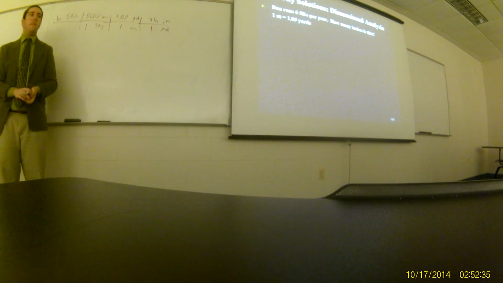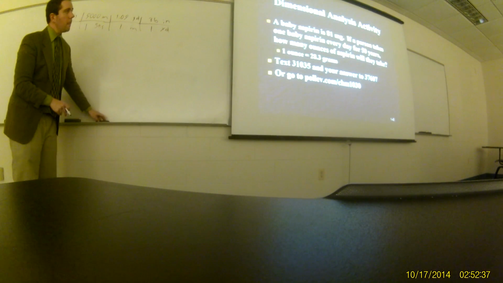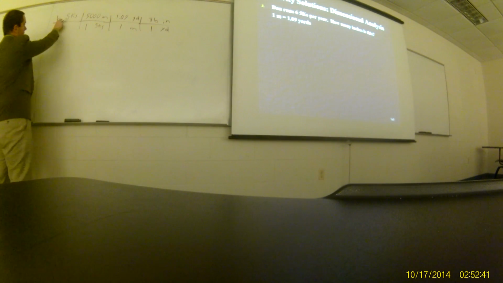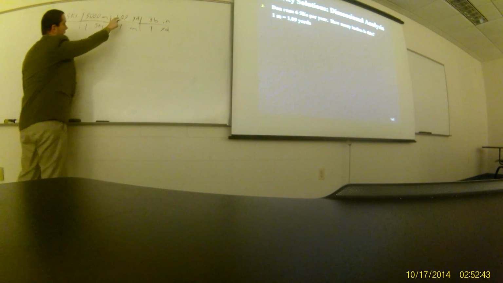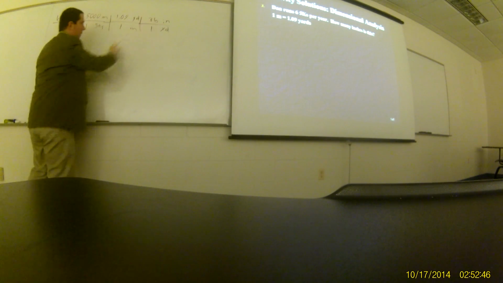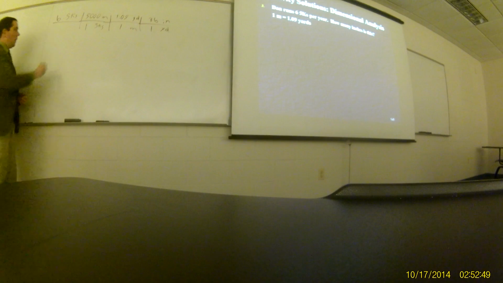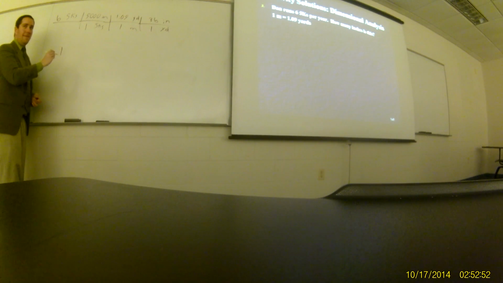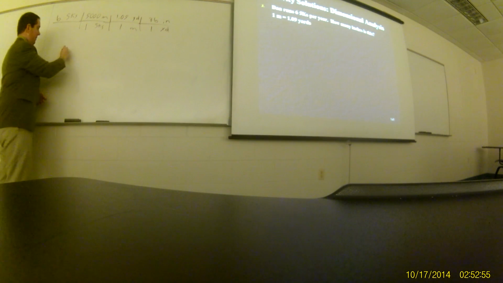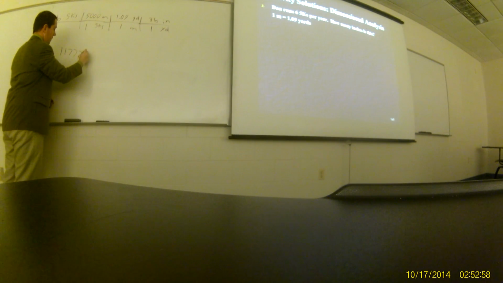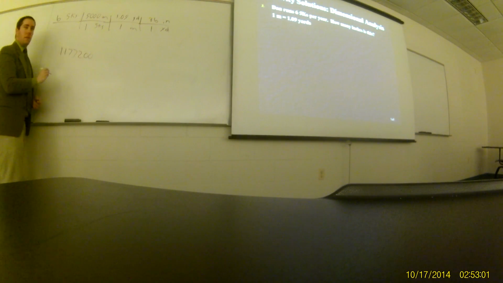We can just do the math. If you do the math on top, you get 6 times 5,000 times 1.09 times 36. What does that come out to be? 1,177,200.